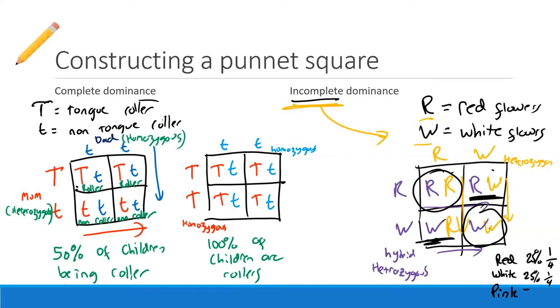That means there is a 50% chance that you'll end up with a pink flower if you mix these 2 together. And that's how we can use Punnett squares to predict. Notice how I can predict for each of these examples what the probability is.